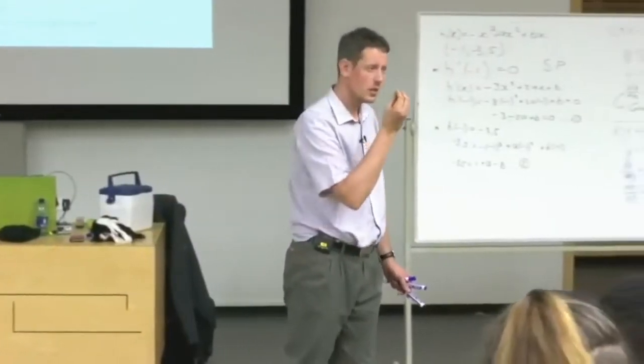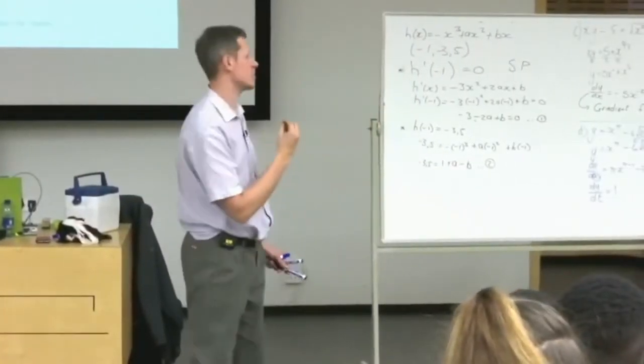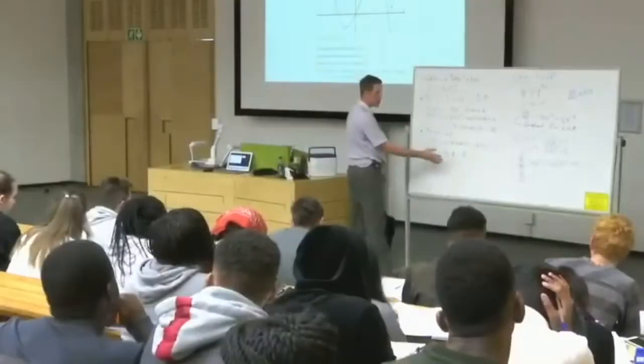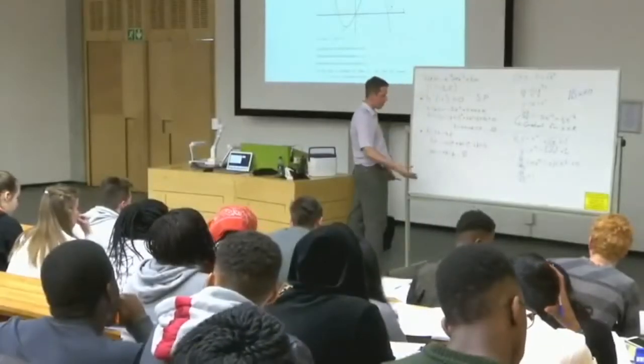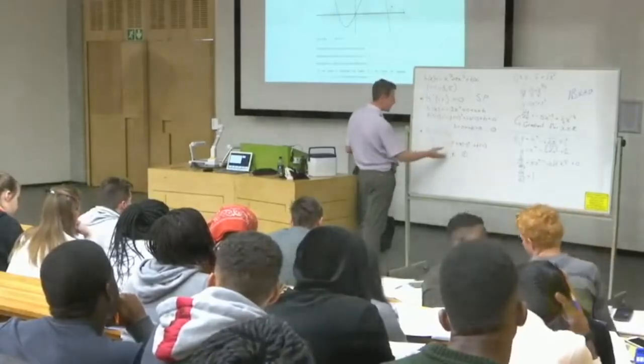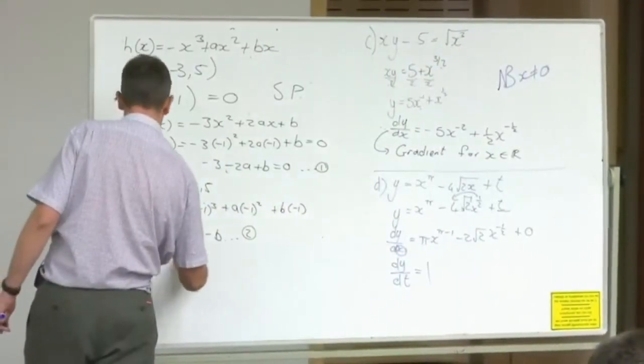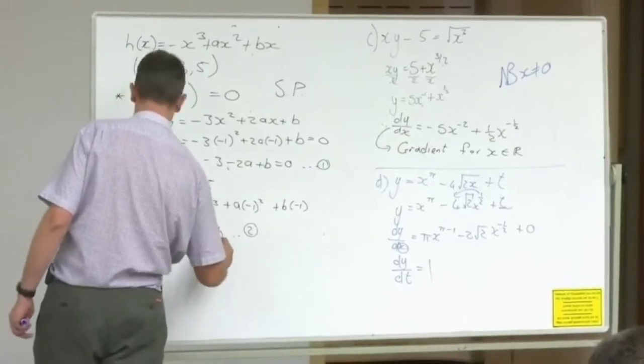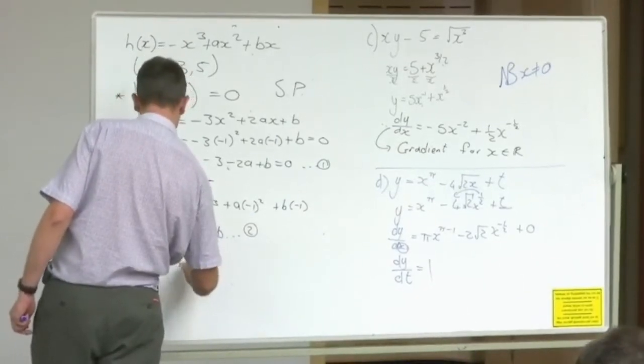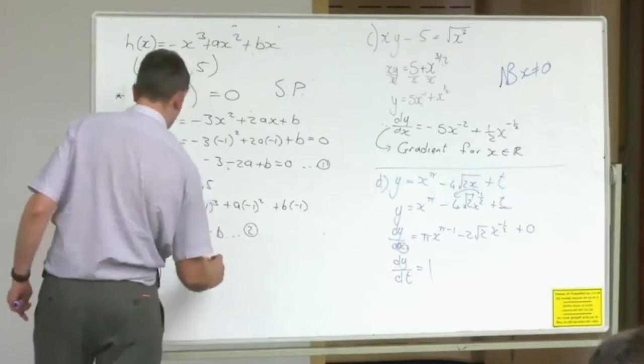But if it is a turning point, I've got to remember the derivative must be 0 at that specific point. Now I can solve this in a number of ways, getting b or a alone, etc., leaving me with a equal to 3 over 2 and b equal to 6.